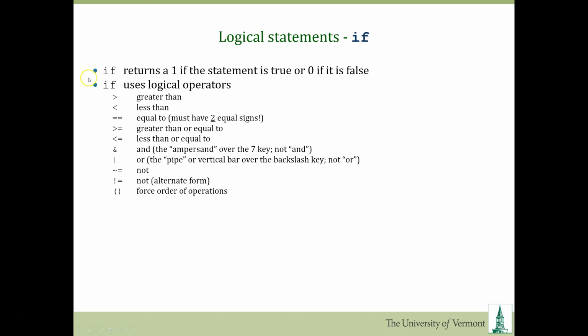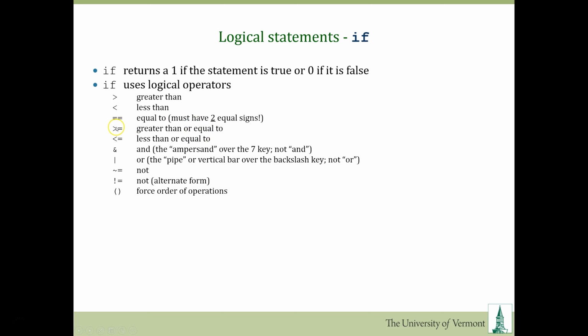And you can use greater than, less than. You can use exactly equal to, and let me emphasize, you need 2 equal signs if you're doing a logical comparison, just like you need a greater and equal or a less than or equal if you want to use that concept.